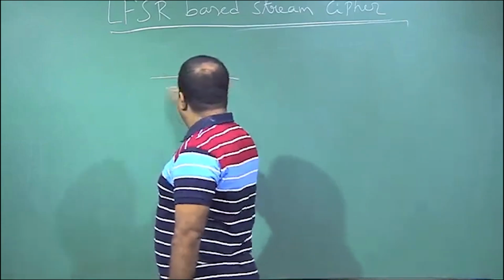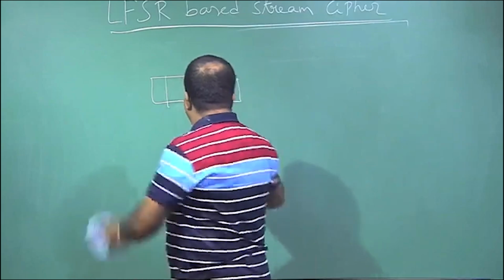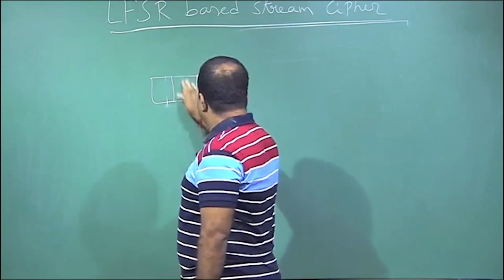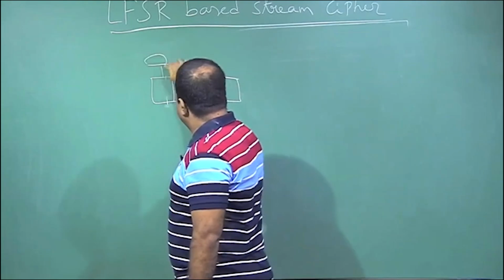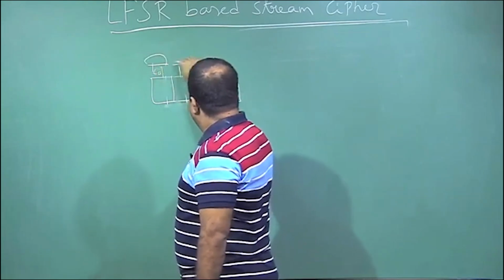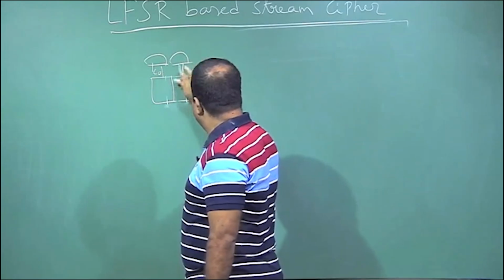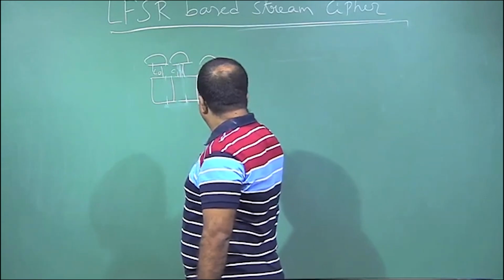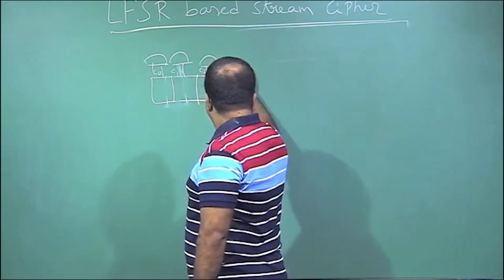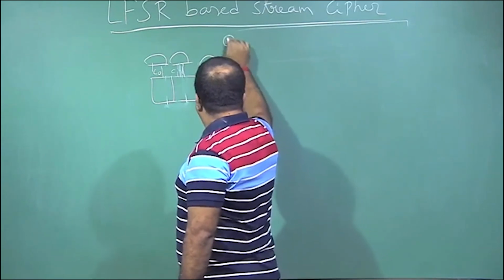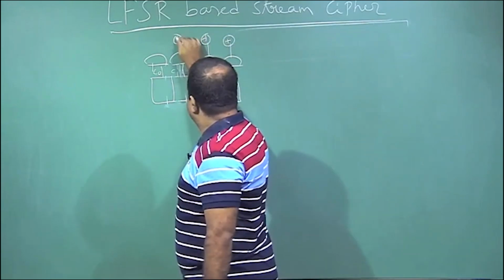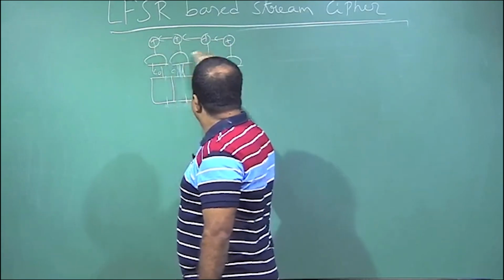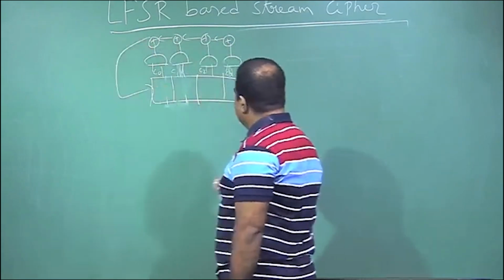So, suppose we have a 4 bit LFSR, and suppose we have C0, C1, C2, C3, and we have this XOR, and this is going out.